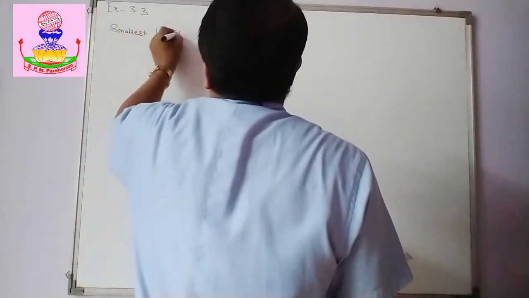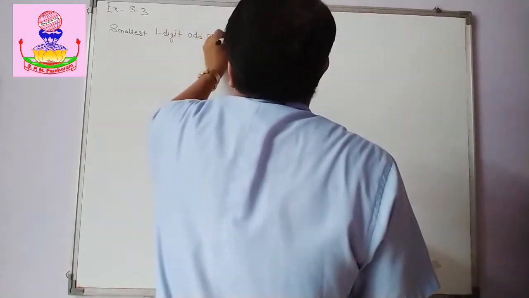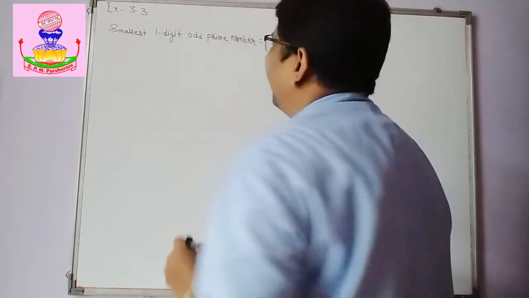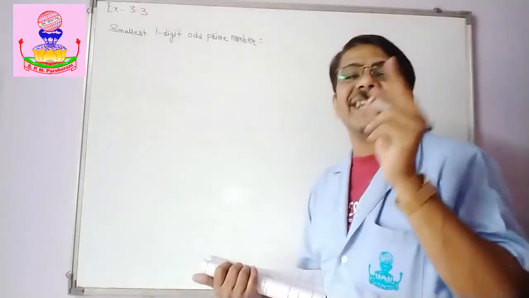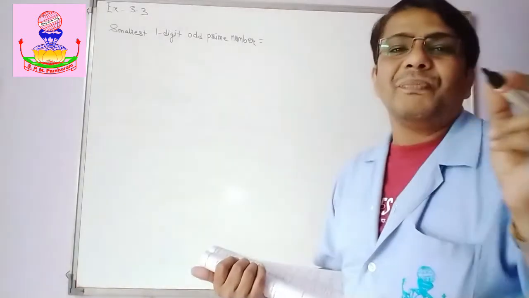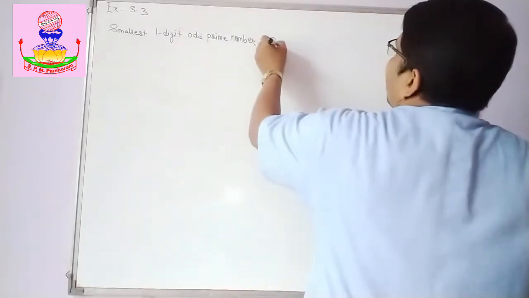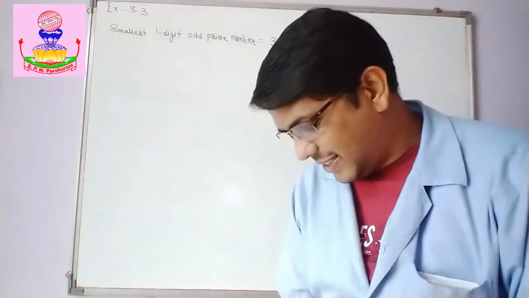Odd prime number, which is that? 3, not 1, because 1 is neither composite nor prime, right? So, 3 is the smallest 1-digit odd prime number.